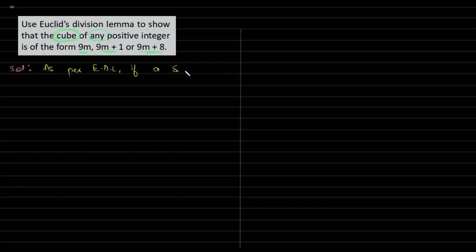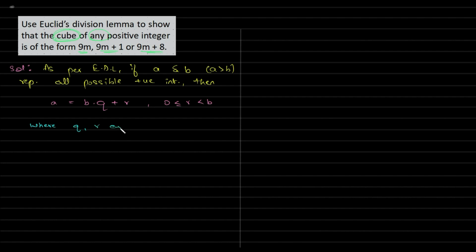If a and b, where a is greater than b, represent all possible positive integers, then I can always write a as b into q plus r, where r is between 0 and b, where q, r are unique integers, right?